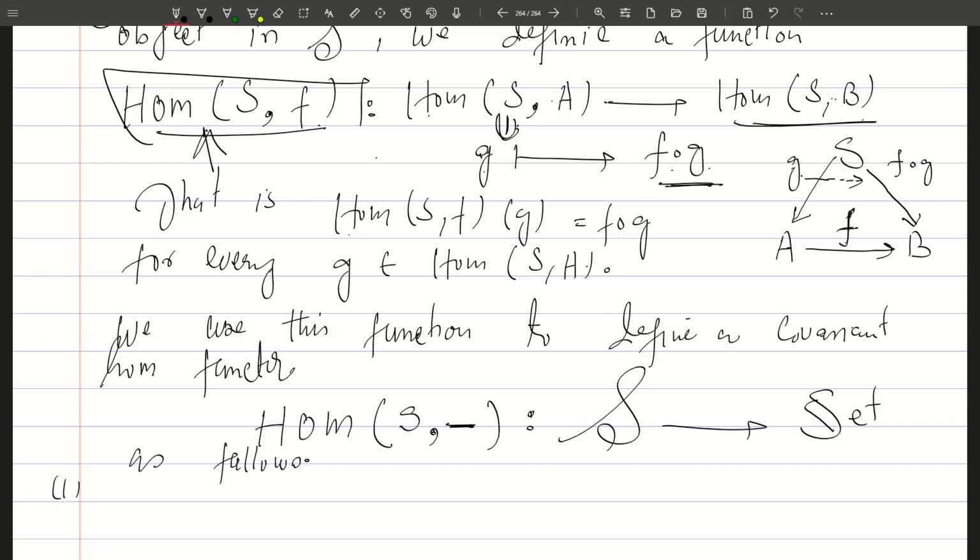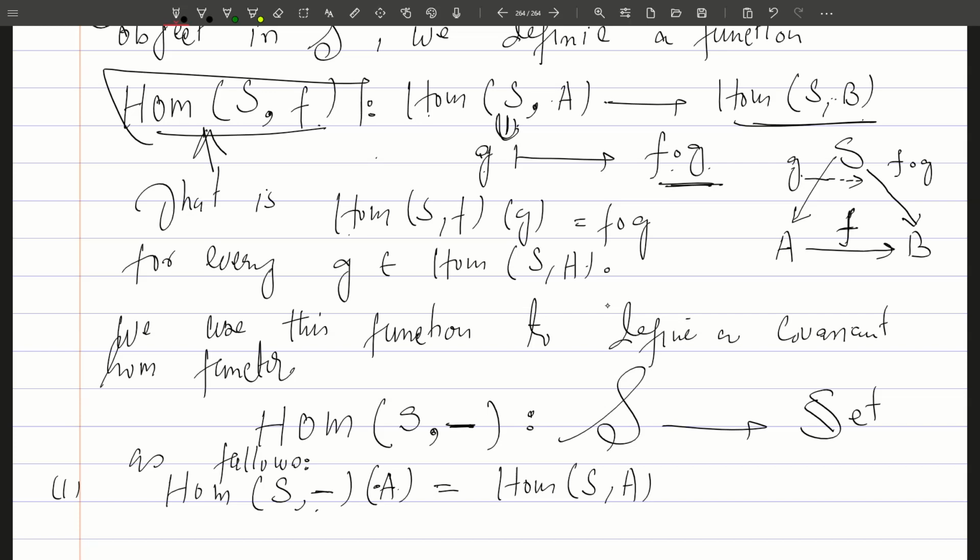To define a functor, we have to show where the objects are carried to and where the morphisms are carried to. So we say this Hom functor, Hom(S, -), takes an object A and maps it to Hom(S, A).